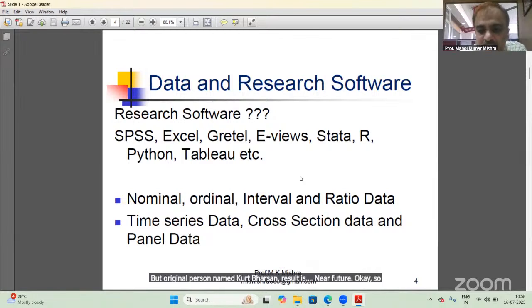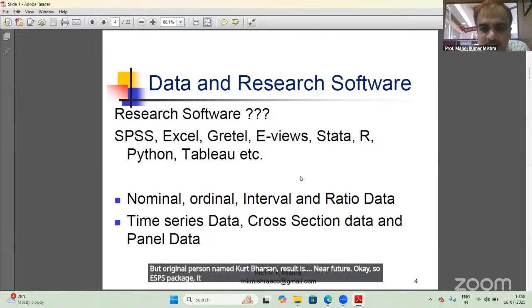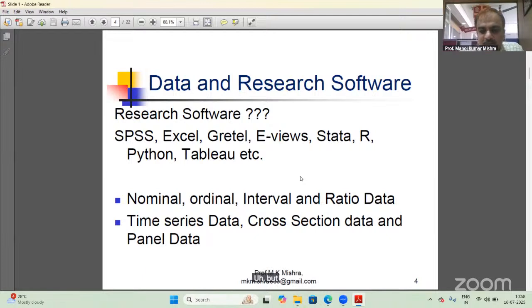Okay, so the SPSS package is not very difficult, but practice is important. By practice you can understand it. The second one is Excel.